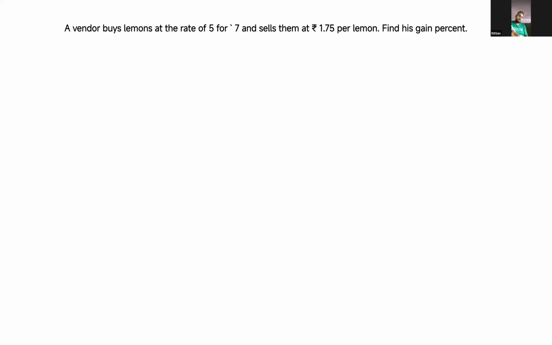So first of all, we have to find the cost price. The cost price for 5 lemons is rupees 7. So what is the cost price of 1 lemon? It should become 7 by 5. When you divide it, 7 divided by 5 becomes 1.4.